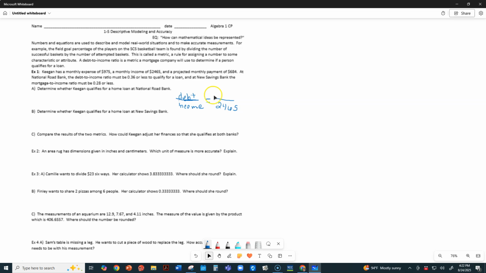And each month he has this 975 dollars worth of monthly expenses. So that's what we consider debt. That's money that goes out. He has to pay that out. Income is coming in. Expenses are going out.